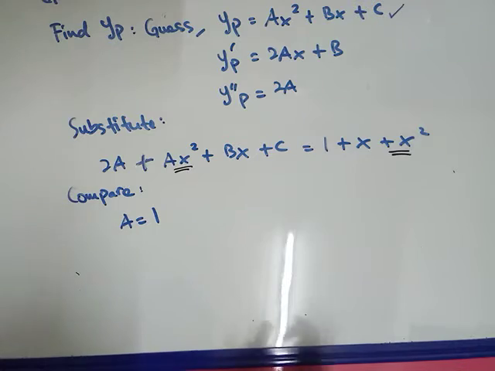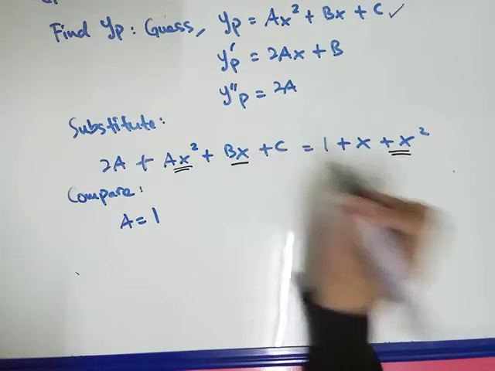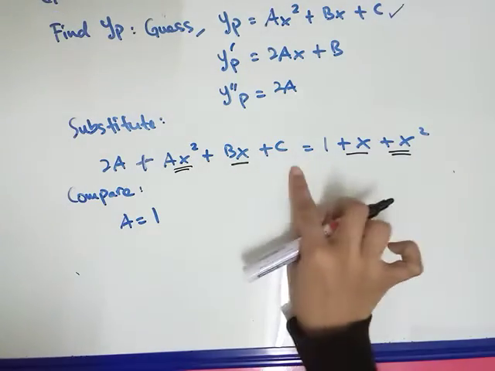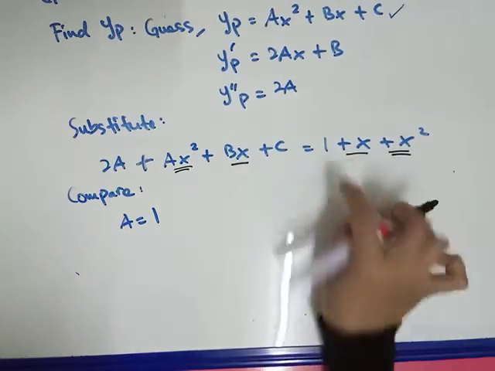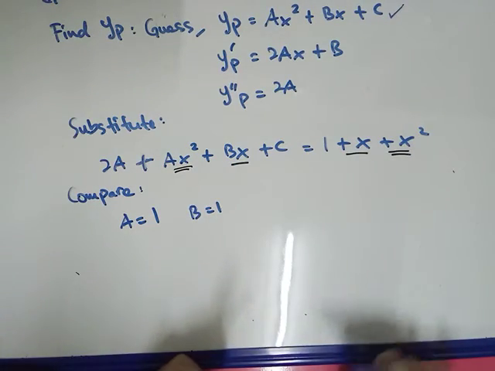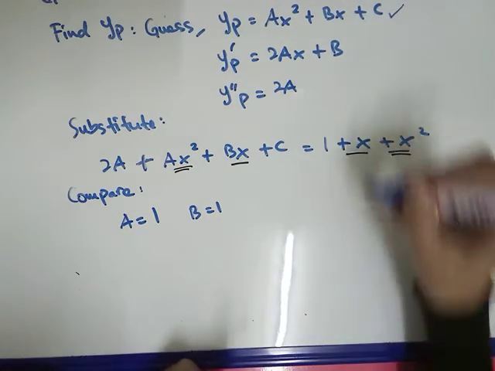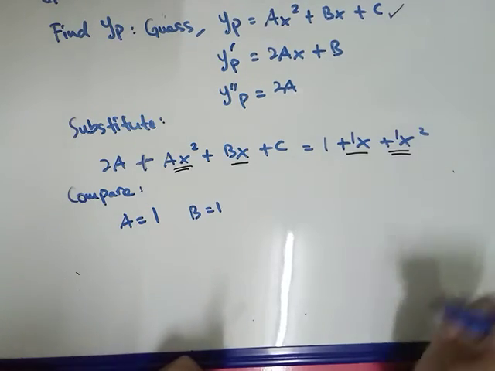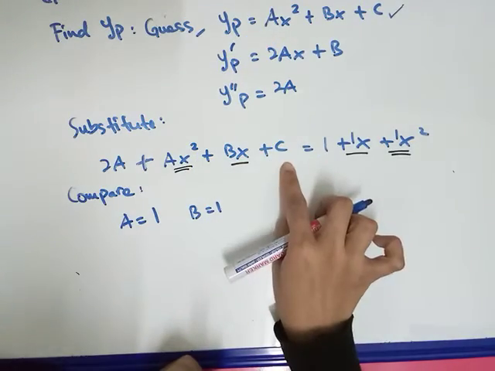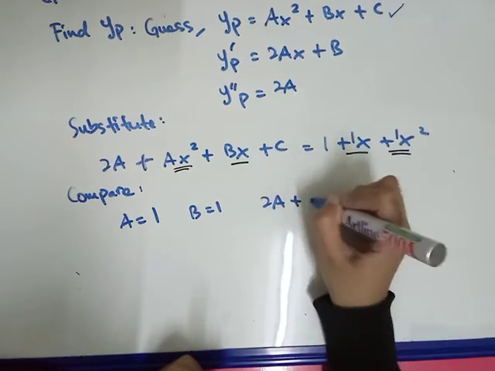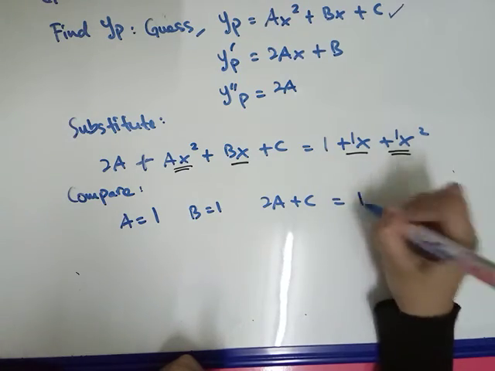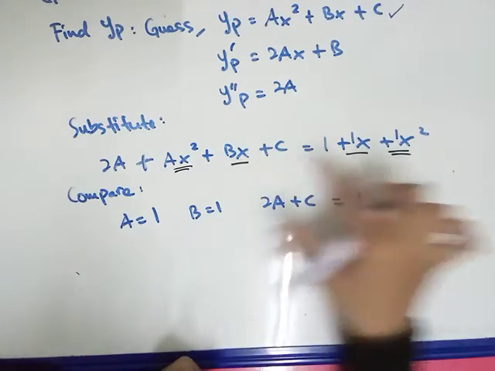And then the coefficient of x. Is there any x on the right side? There isn't, so b equals 1. We assume there is a value of 1 here. And then 2a plus c is the constant number, equal to the constant number which is 1. Compare the left hand side with the right hand side.